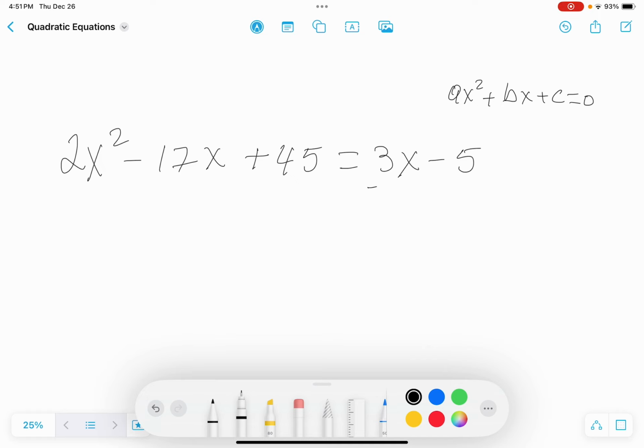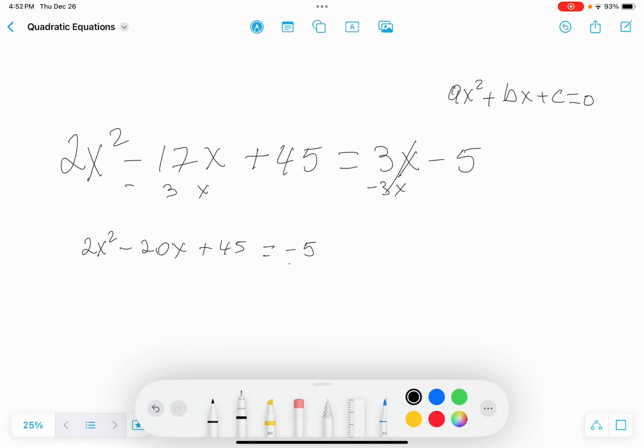So let's subtract 3x on both sides first. Minus 3x will be 2x squared minus 20x plus 45 equals negative 5.